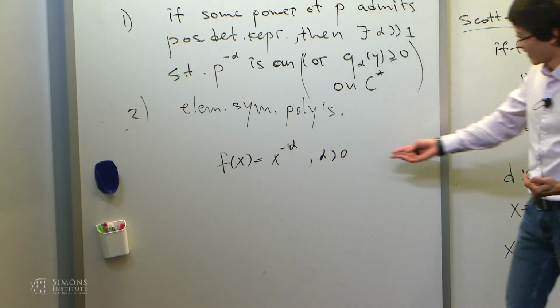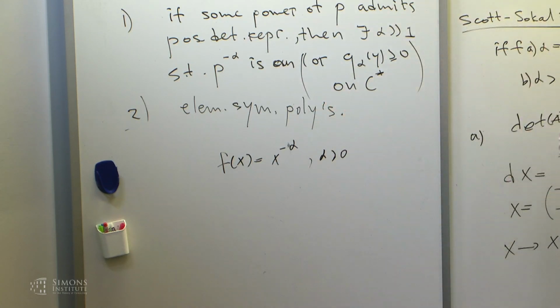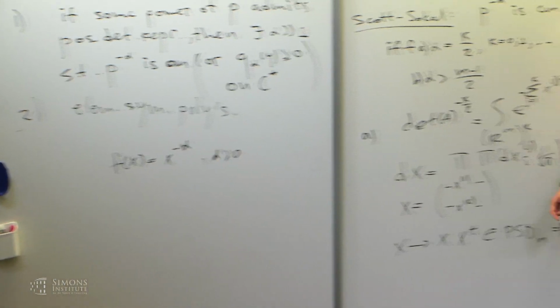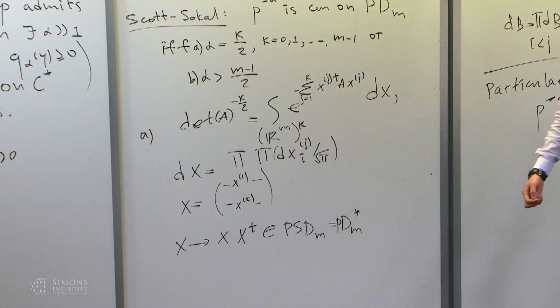And then when you take a product of these, you will also get a completely monotone function. That's why p to the power minus alpha, in this case, is completely monotone for any positive alpha. And we want to write down the explicit representation of its inverse power, so we want to get a formula for the Riesz kernel of this function.